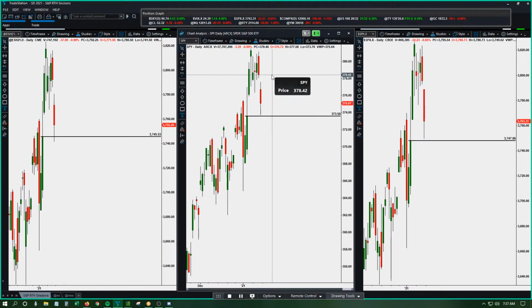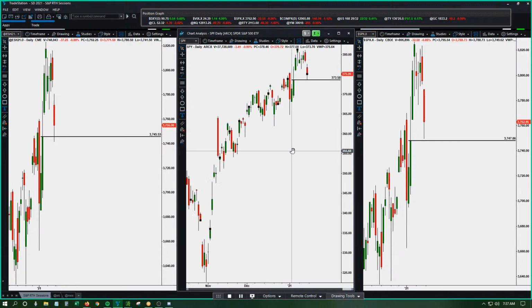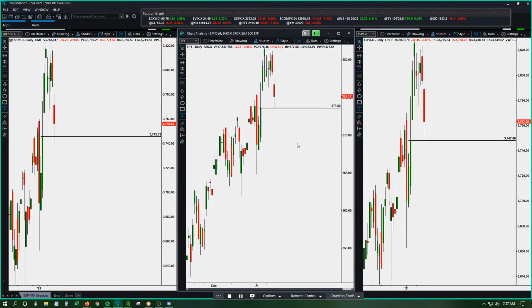Now we have a gap to the upside. So we got a gap down in SPY, SPX. But gap down wasn't too big. And we have some close areas of demand possibly to hold this up still.